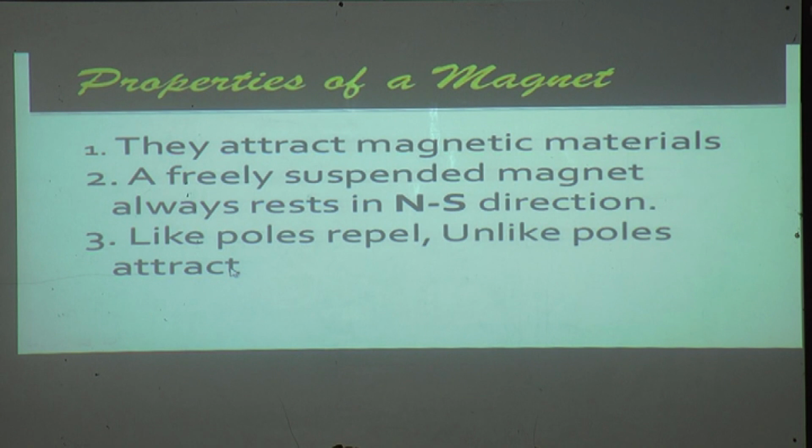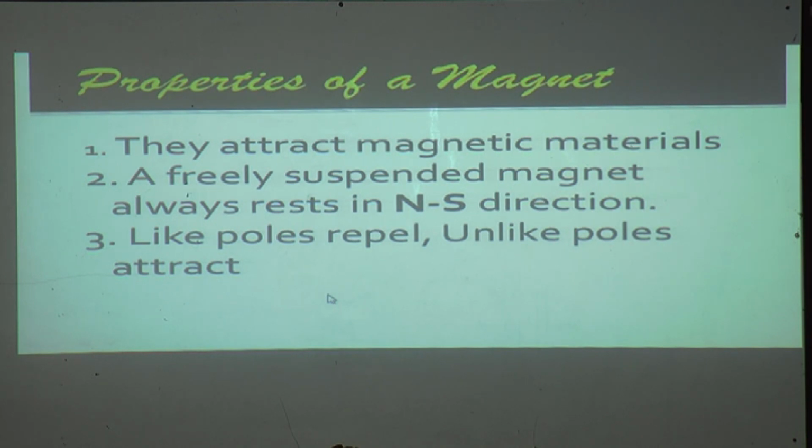And suppose we keep unlike poles. Unlike poles means one end of a magnet is north and the other end of the other magnet is south. That is why these are unlike poles, and they are going to attract each other.